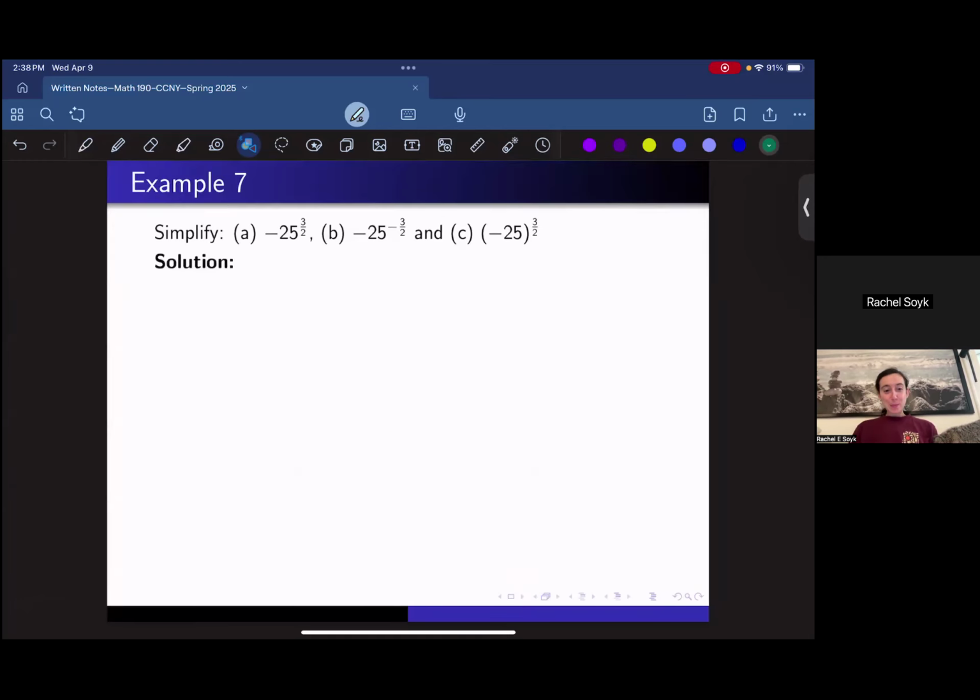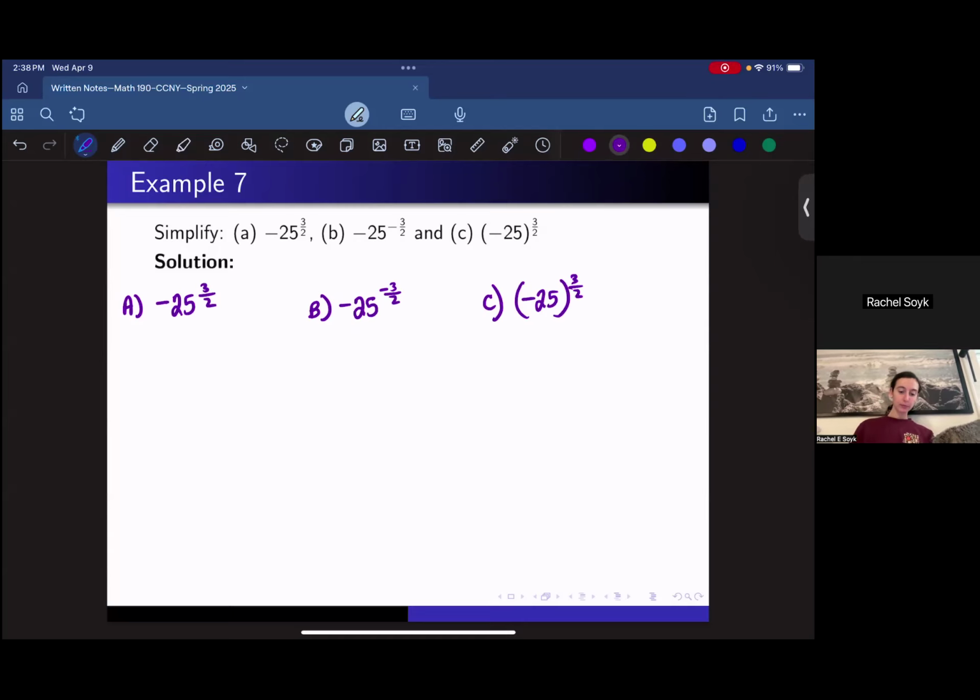Let's look at some more examples, just so you guys get into the comfortability of dealing with rational exponents and radical expressions, especially when we have negatives involved, whether they are in the coefficient or in the exponent.